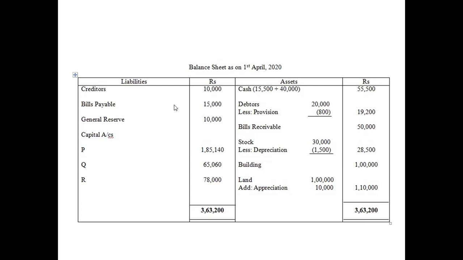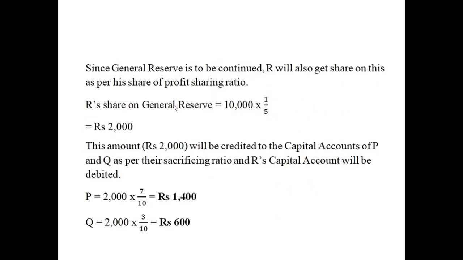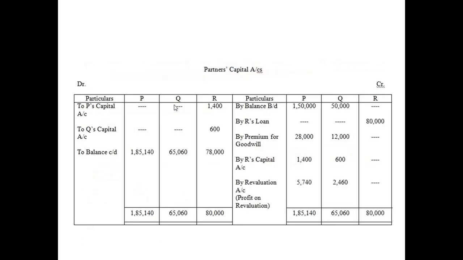So for this continuation of general reserve, we have already done this kind of adjustment here, as you can see in this slide on your screen, that we have done this kind of adjustment in the capital account.